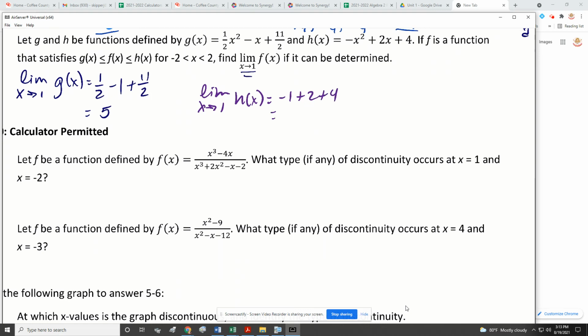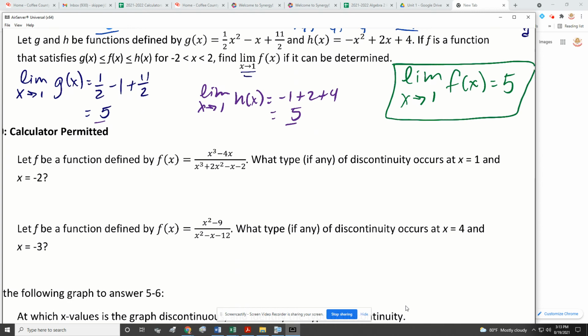Plugging in 1 again, super easy. All right, since they're both 5, that is telling us that the limit as x approaches 1 of f of x also has to be 5. If it's squeezed in between those, there's no space for any other number but 5.